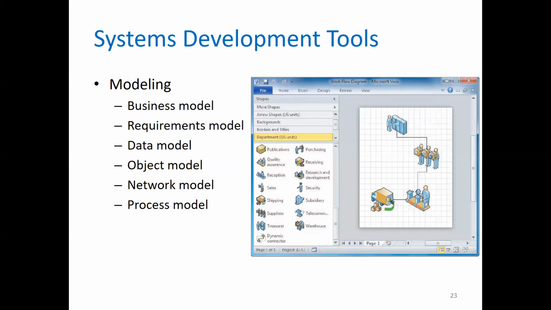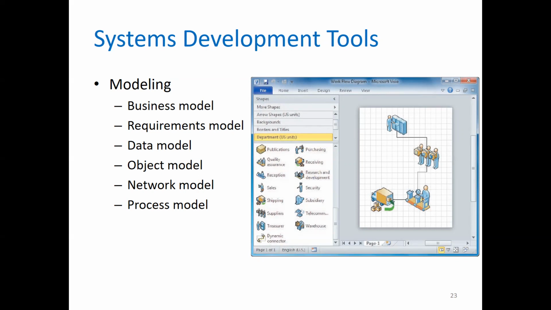System development tools: modeling, business model, requirements model, data model, object model, network model, and process model. Now, these are the different types of models that are basically being used when developing a system. The purpose of a model is to visualize the information system, especially the flow of data and information within the organization, or to have a good feel and view of the expected results.